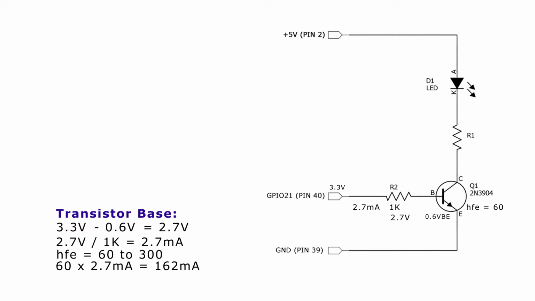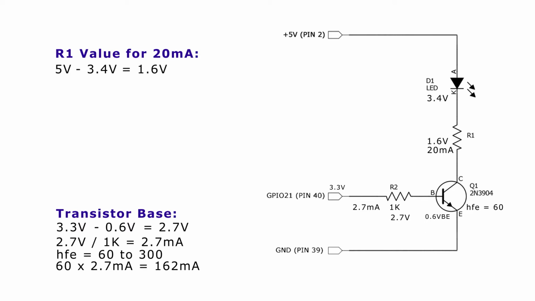We know that we want to have 20 milliamps of current flowing through our Blacklight LED. And we know the supply voltage is 5 volts and that the voltage drop across the LED is 3.4 volts. So first we need to figure out the voltage across R1. To do that, you take the 5 volt power, subtract the 3.4 volt diode drop, and that equals a total of 1.6 volts across R1.